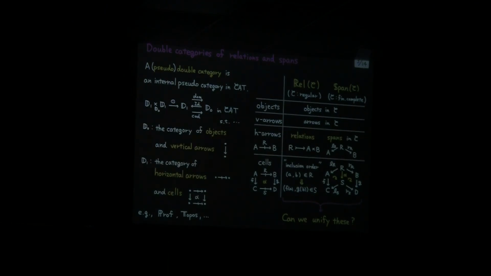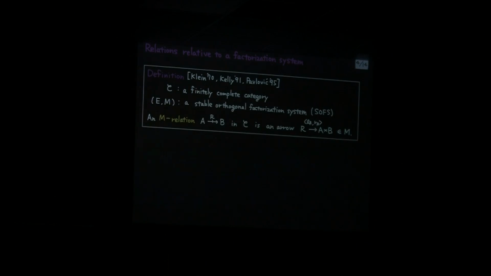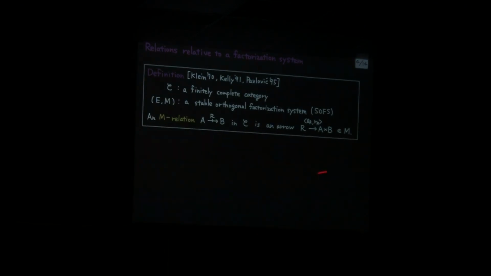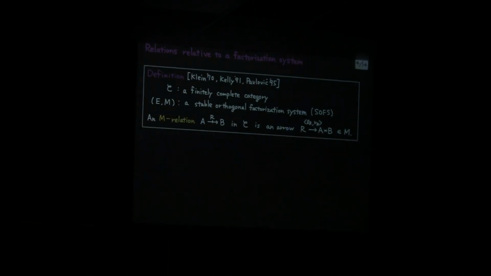For this matter, it is well known that factorization systems play an important role. Suppose you have a category with finite limits and it has a stable orthogonal factorization system on it, and we write it as (E, M). Then we can define M-relations. An M-relation from A to B is an arrow into the product of the two objects, which belongs to the right class M. This is a common generalization of relations and spans.